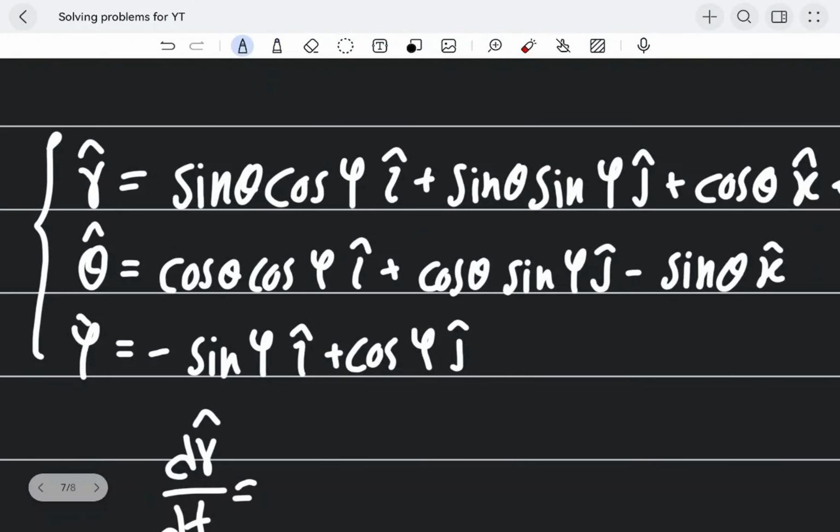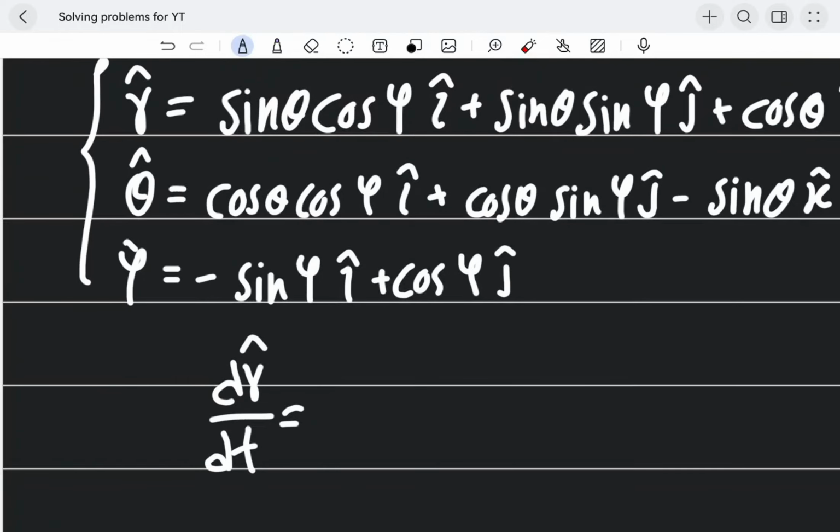And here, theta and phi are functions of t, so we must focus on the chain rule.